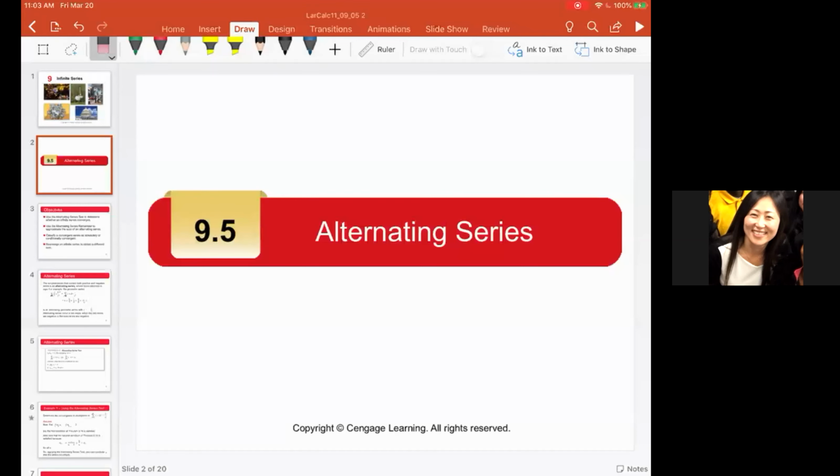All right, let's do 9.5, alternating series. Remember, we learned quite a few things. Like we need to know whether this infinite series diverges or converges. So they're giving us different tools, like a P series, or a telescoping series, what else? Geometric series. They give you different things to utilize to find whether it converges.